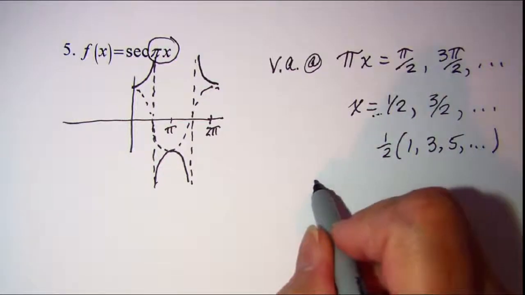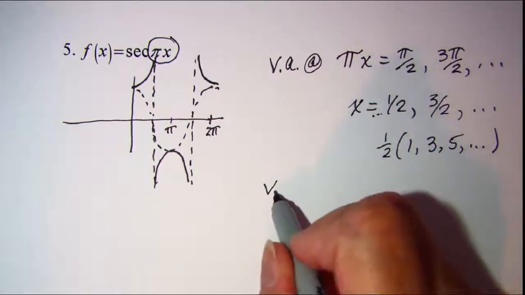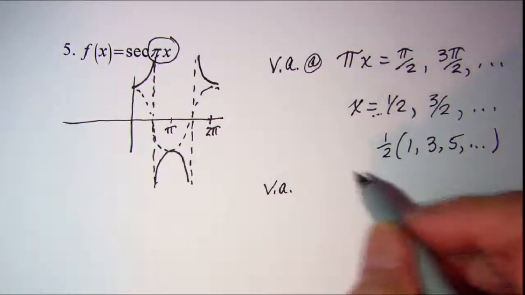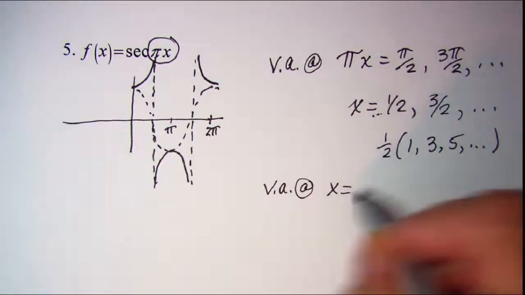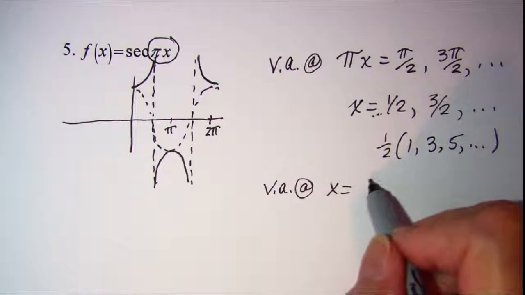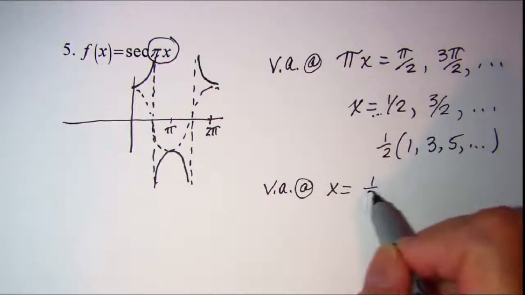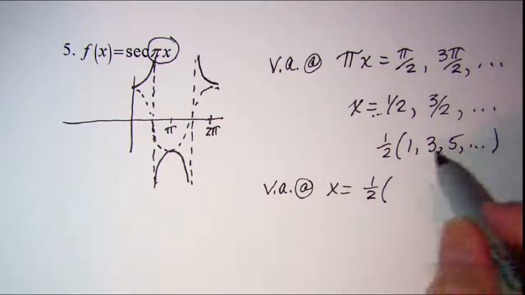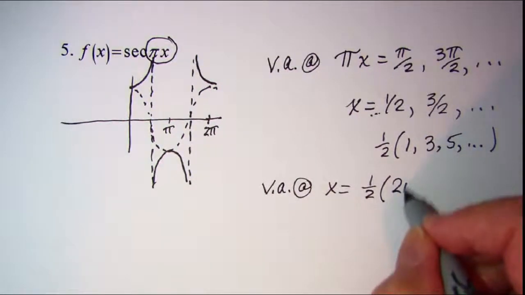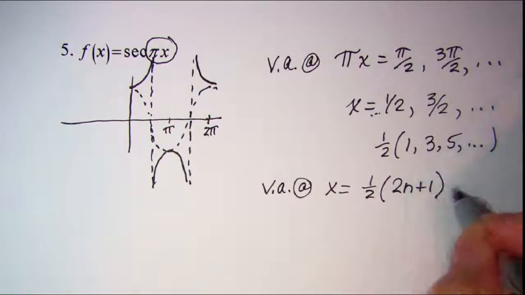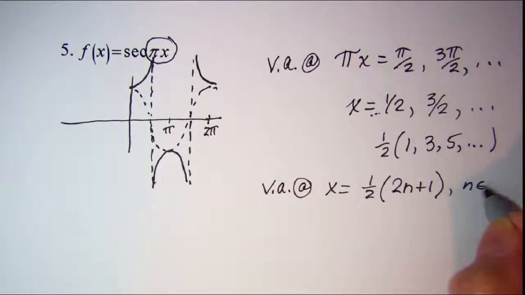So I can state then that I have vertical asymptotes at x equal 1/2 times 2n plus 1, where n is an element of the set of integers, to indicate an odd number.